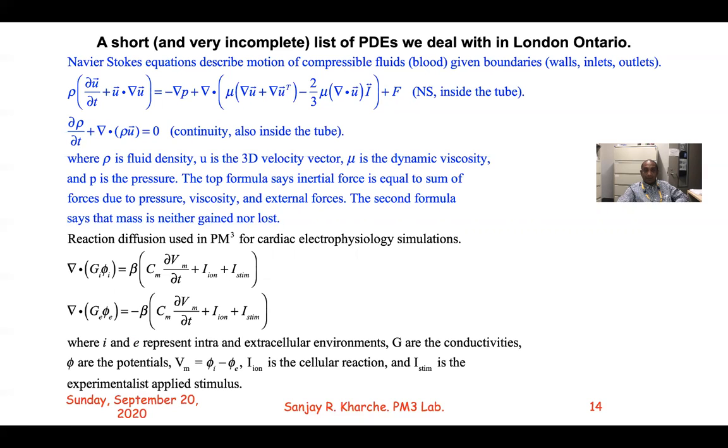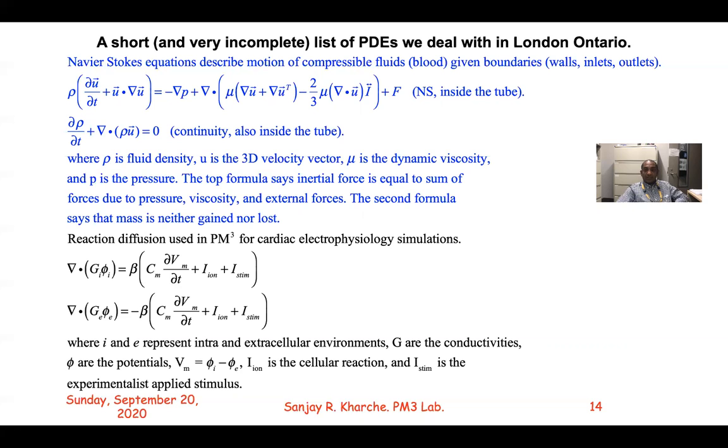the ascending aorta. The Navier-Stokes equations are almost always solved along with continuity equations, which are shown on the second line over here. And continuity essentially expresses a conservation of mass.